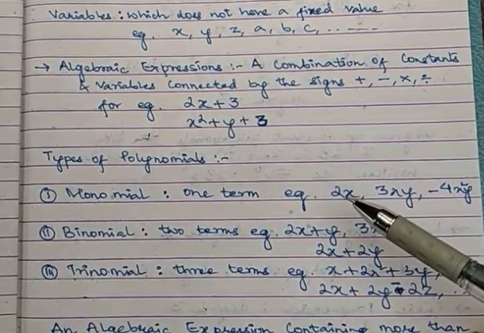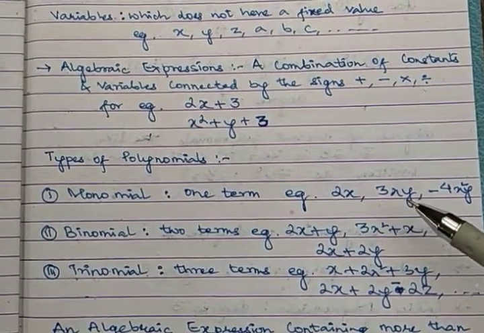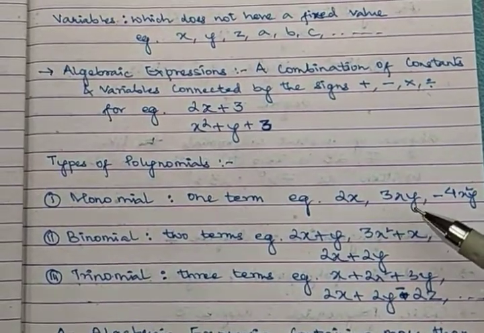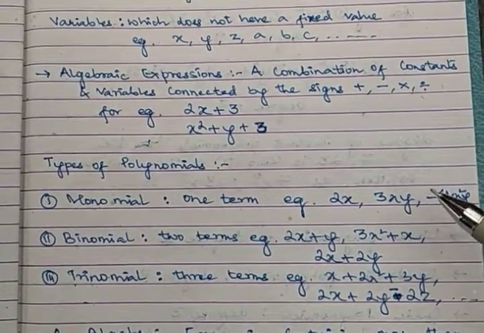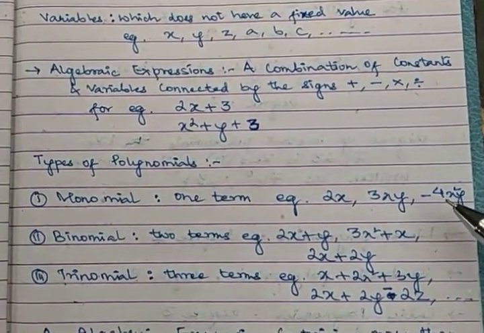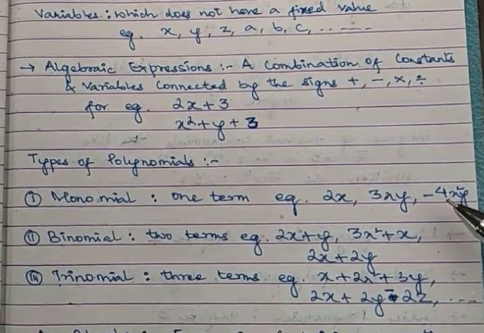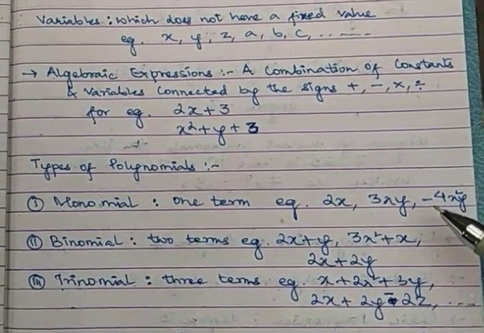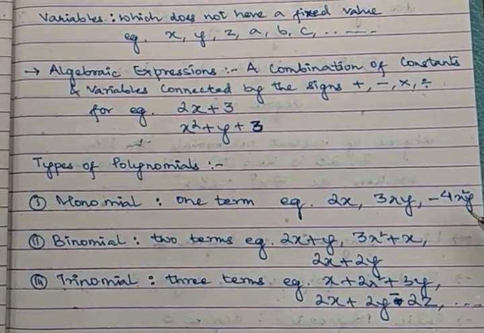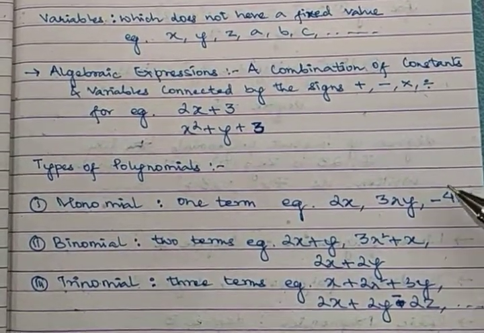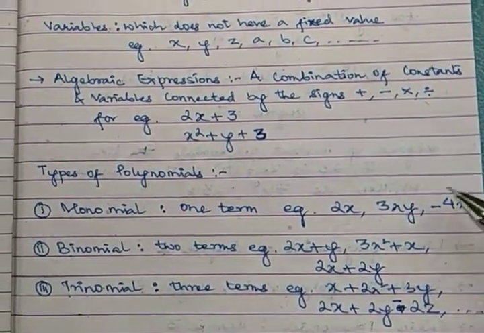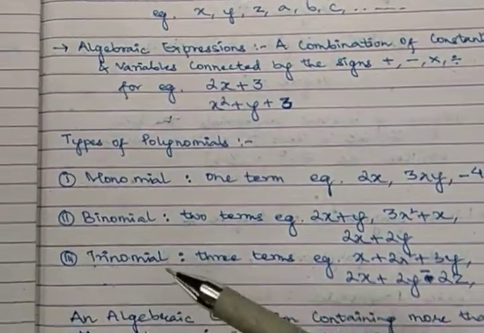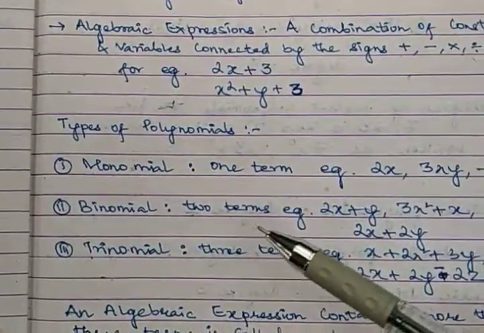Examples: 2x, 3xy. No matter how many variables there are, it doesn't matter, and it doesn't matter whether it's positive or negative. I have another example, minus 4x square y. A single term is a monomial. That's it.